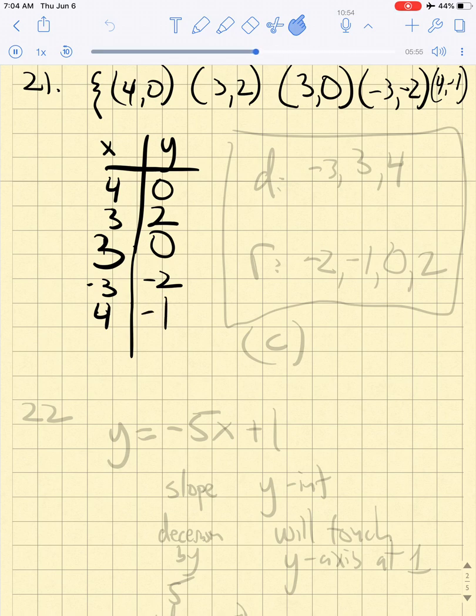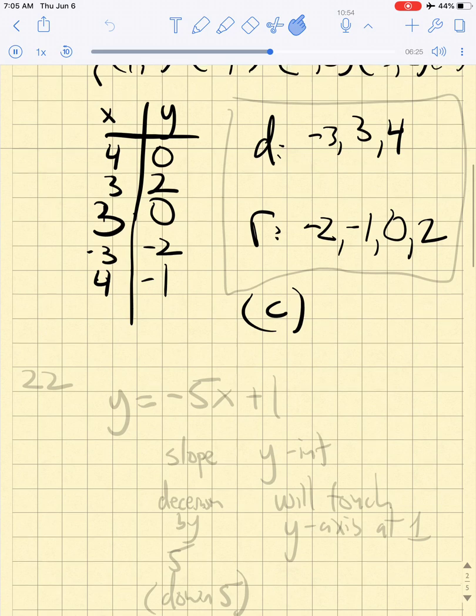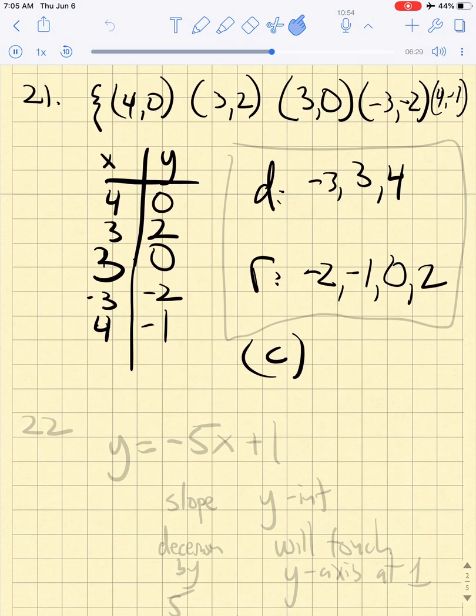So if we map it out correctly, and we also do domain and range, domain being the list of all the x's, -3, then +3, then 4. And again, with the range, we have -2, -1, 0, and 2. That one corresponds with choice C. Okay, so you just have to take the ordered pairs and represent them in 3 different forms.